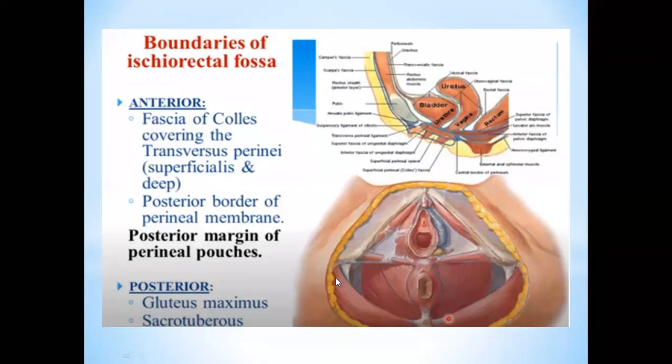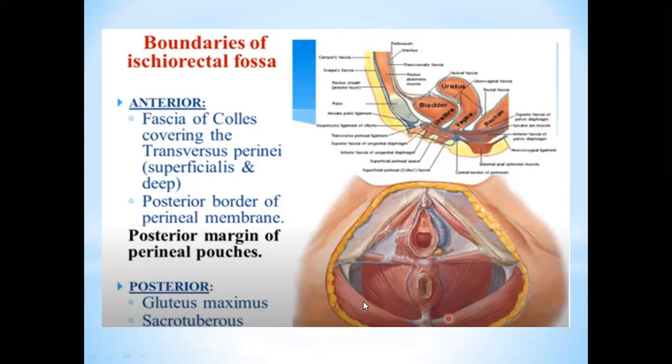This yellow part is the ischiorectal fossa you can see here on the sides. And posteriorly, you can see the gluteus maximus muscle, and this is the sacrotuberous ligament that is forming the posterior border of this ischiorectal fossa.